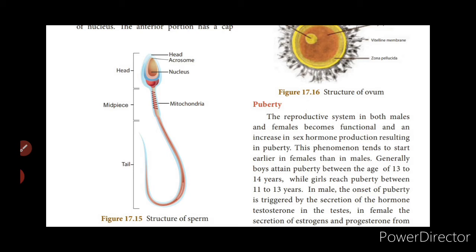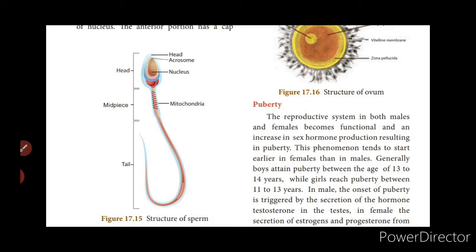The formation of the sperm is especially called spermatogenesis, and the formation of the ova, that is ovum, in the ovary is called oogenesis. The gametes are haploid cells, that is, they consist of n number of chromosomes, and they are formed by a process called gametogenesis.